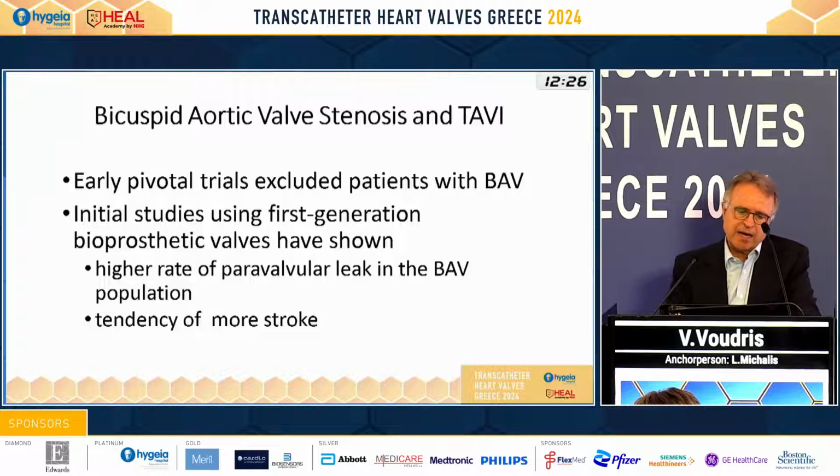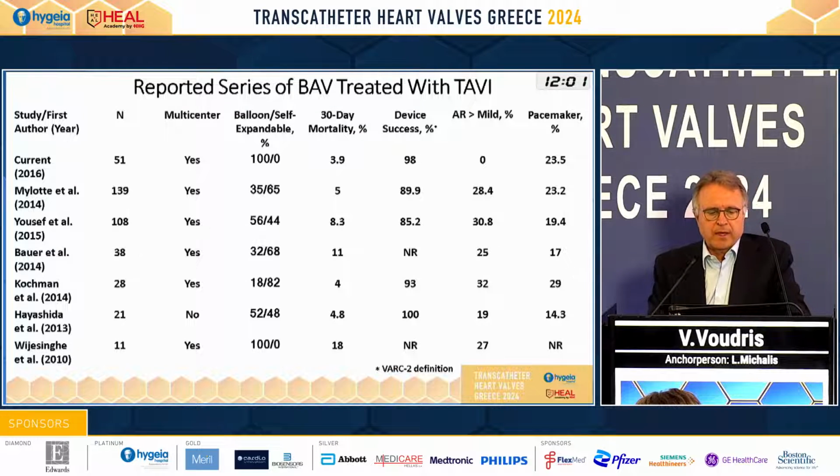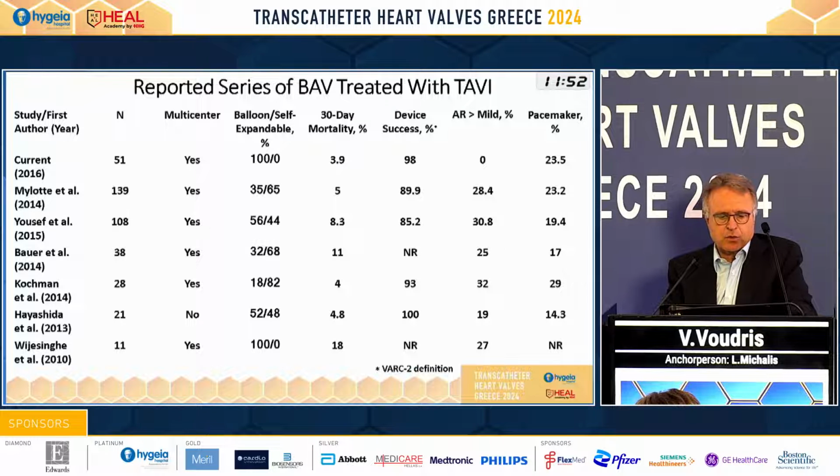according to the guidelines. Early pivotal trials excluded patients with bicuspid aortic valve stenosis. The use of the first-generation bioprosthetic valves has shown a high rate of paravalvular leak in bicuspid morphology and a tendency for more stroke. This is a series of reported patients from 2010 to 2014 using the first-generation devices.